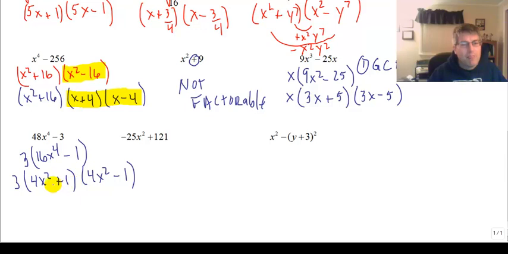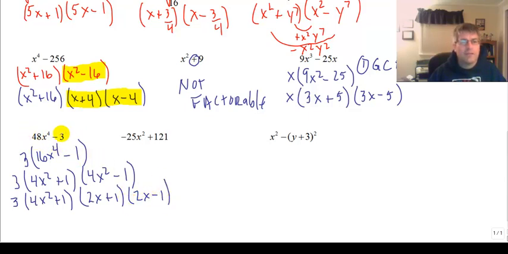And sure enough, this is a perfect square and a perfect square, but it's a sum. But this factor here is a difference of two perfect squares, so that can be factored some more, somewhat like our previous sample problem. So we get 4x squared plus 1, and then we can still factor this to 2x plus 1 times 2x minus 1.